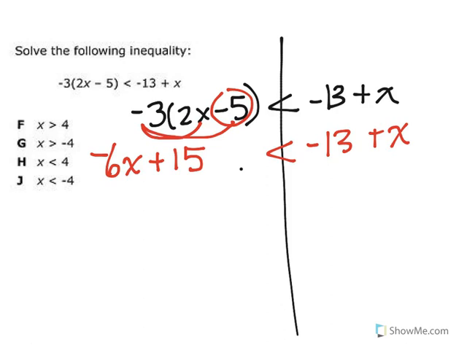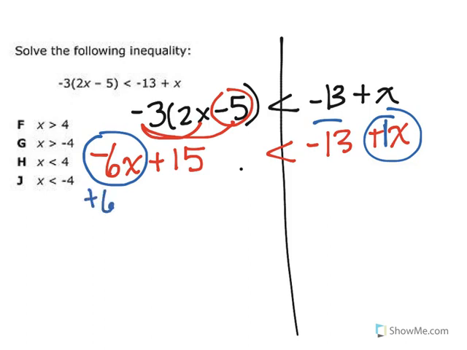I'm going to box my variables. Oopsie. And I'm going to get rid of the smallest variable. Which one's smaller, -6 or +1? -6.